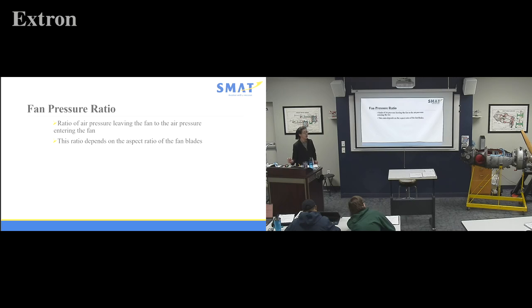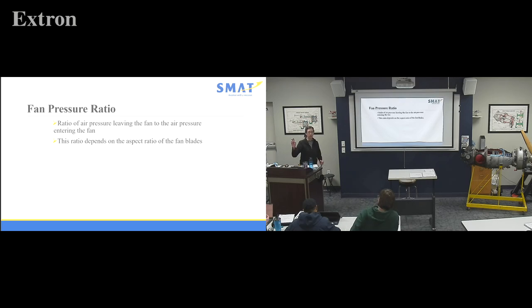And that ratio depends on the aspect ratio of the fan blades. What is aspect ratio? Chord to the fan. Yep, so the width to the length.